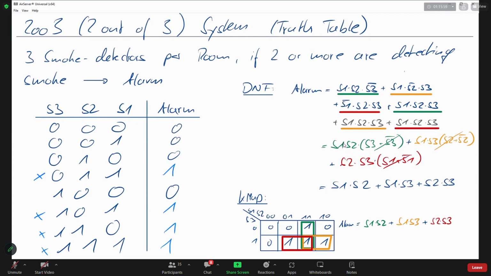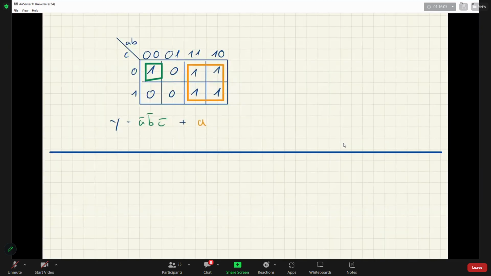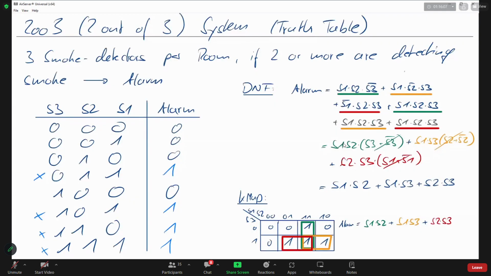Clear? So that means just to simplify, we can also add other logic gates as well. If you are not changing the overall logic, then of course. So, I mean, if you are just for simplifying, adding here OR S1, that would be, of course, not true. Because then you would change your truth table.